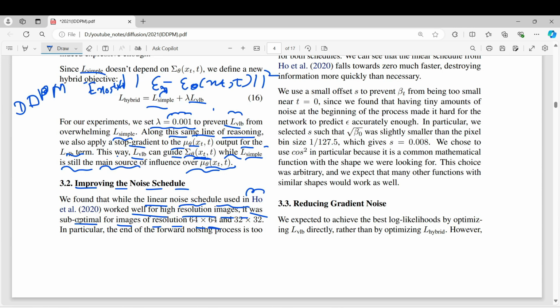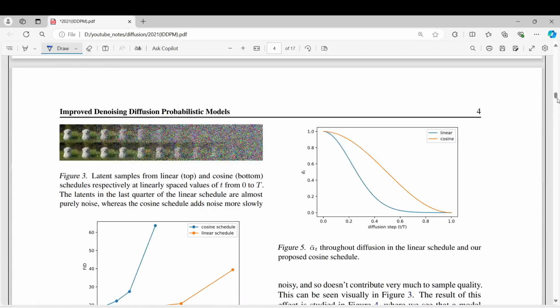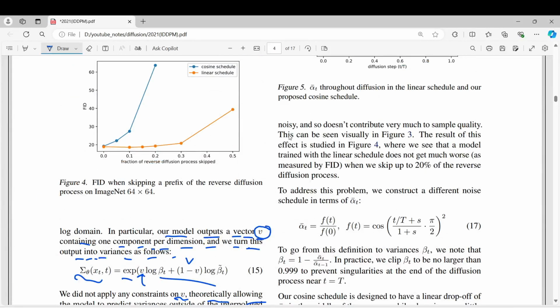It's not performing as well for this resolution, and in particular the end of the forward noising process is too noisy, so it does not contribute very much to the sample quality.